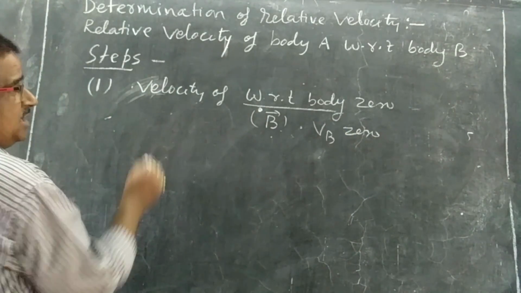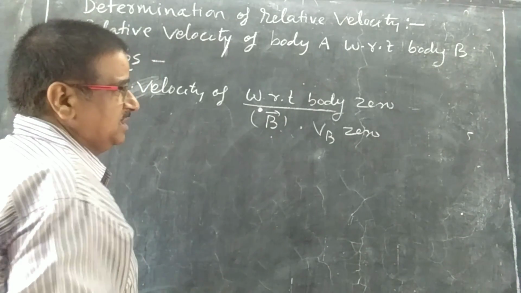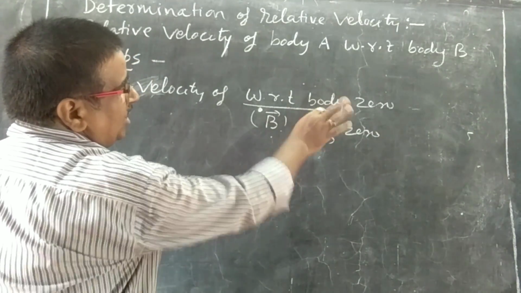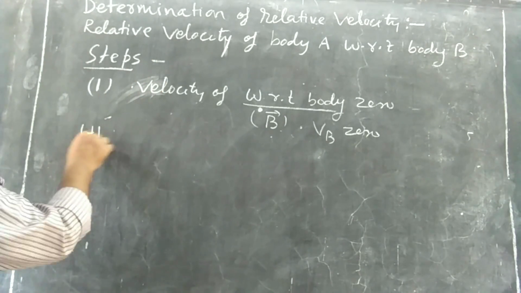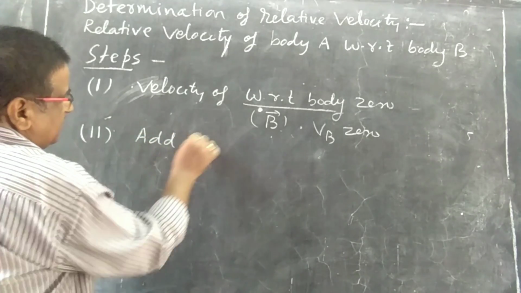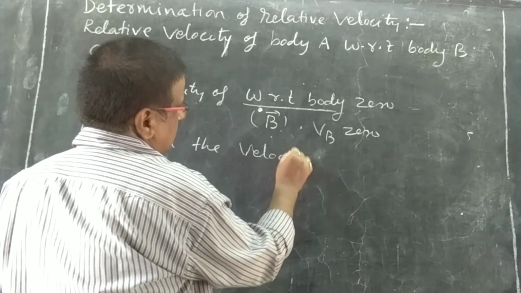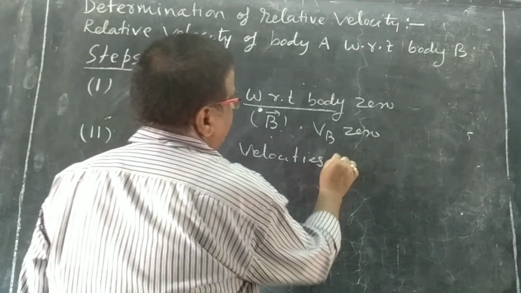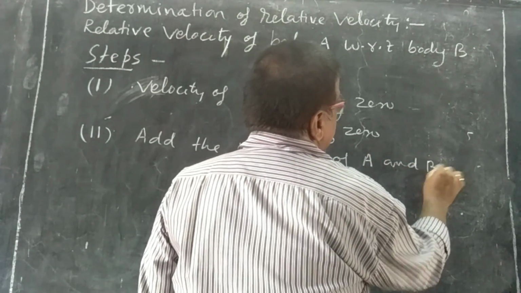For this we will subtract the same quantity in the velocity of body B, and then in the second step we will add the velocities of A and B.